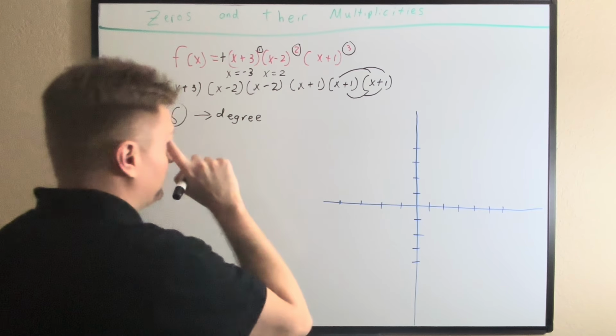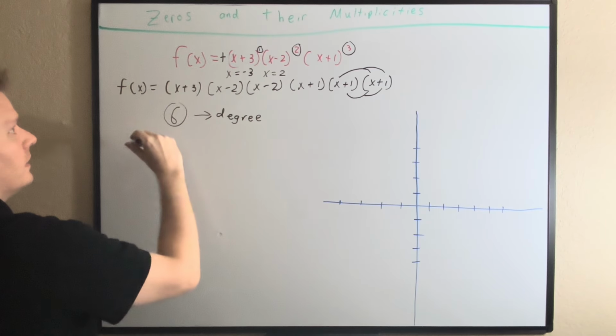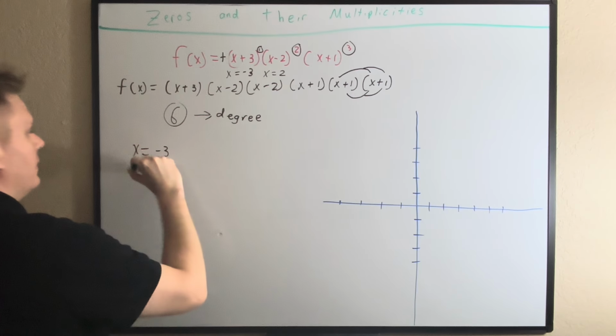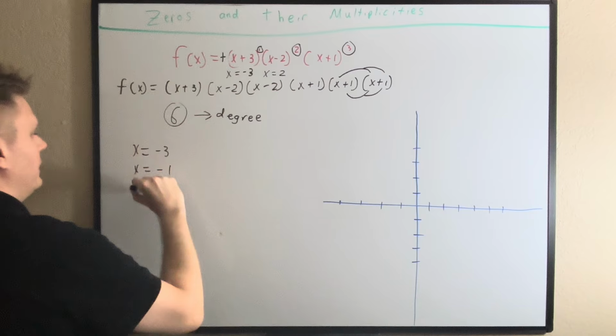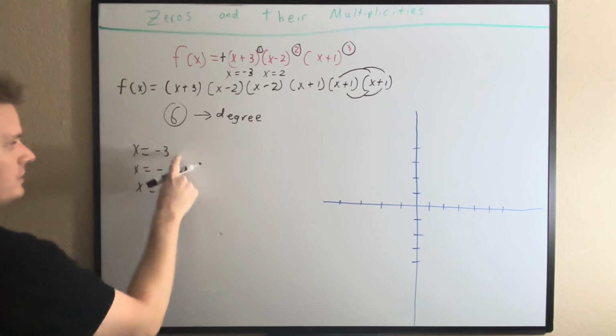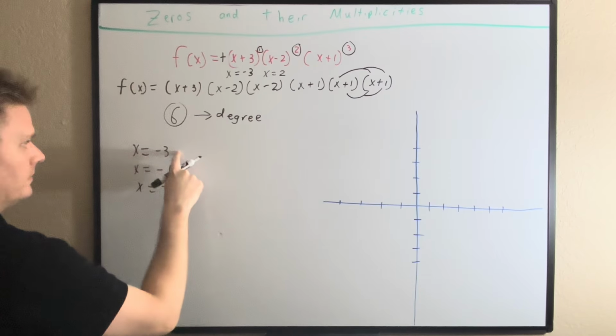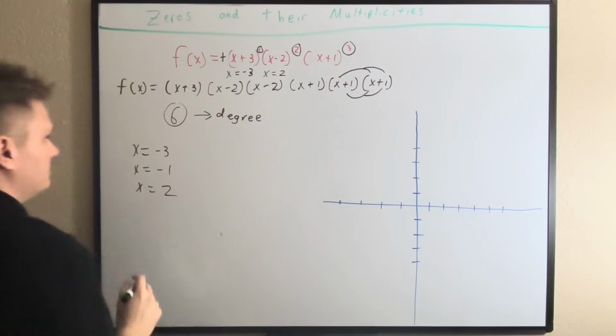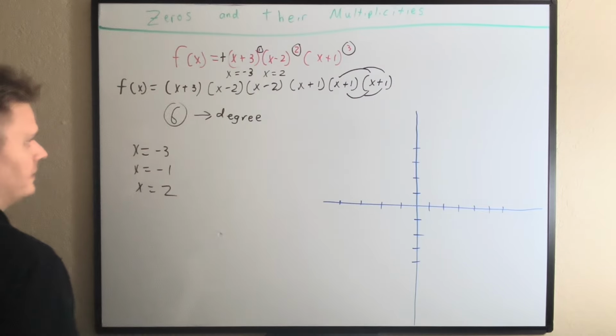Okay. What about our zeros? Let's make a list of our zeros. X equals -3, x equals -1, and x equals 2. I put those in order from least to greatest, right? That's just how I like to do things.